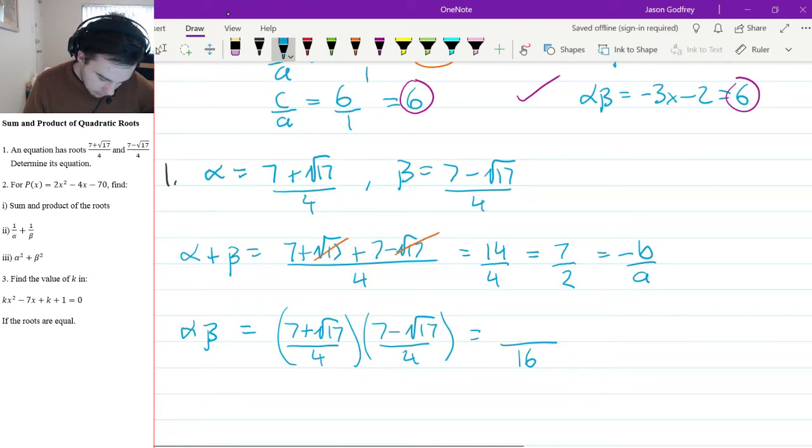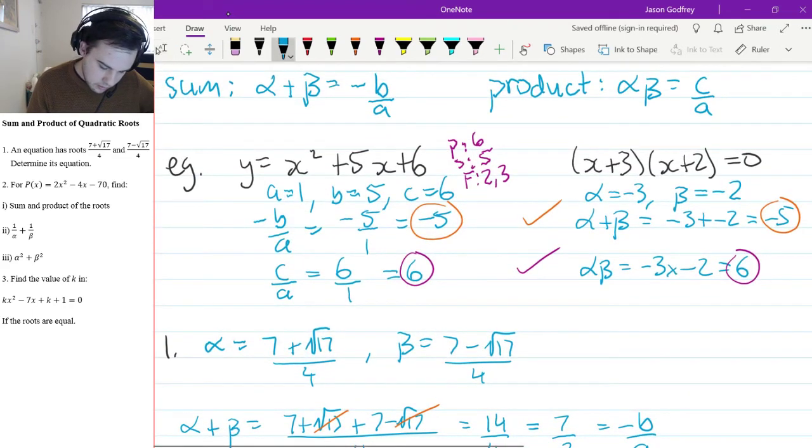So we'll end up with 7 squared, which is 49, minus root 17 squared is 17. 49 minus 17 is 32 over 16, which of course is 2. But this equals the product of the roots, alpha beta, equals c over a.